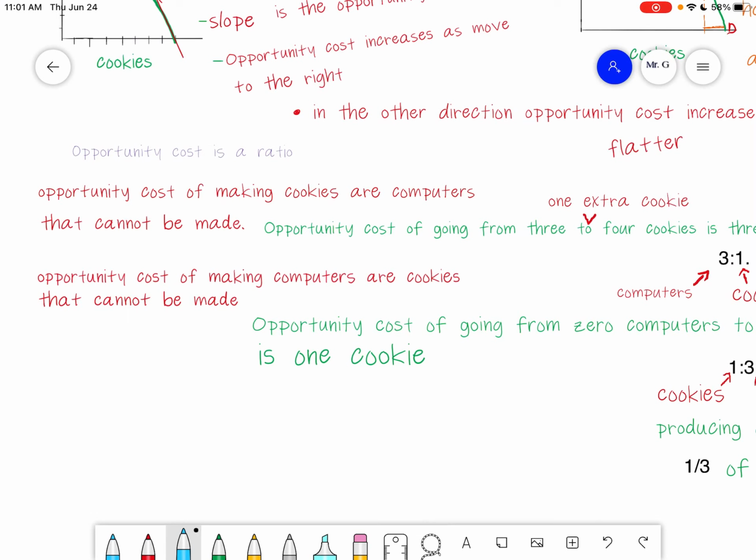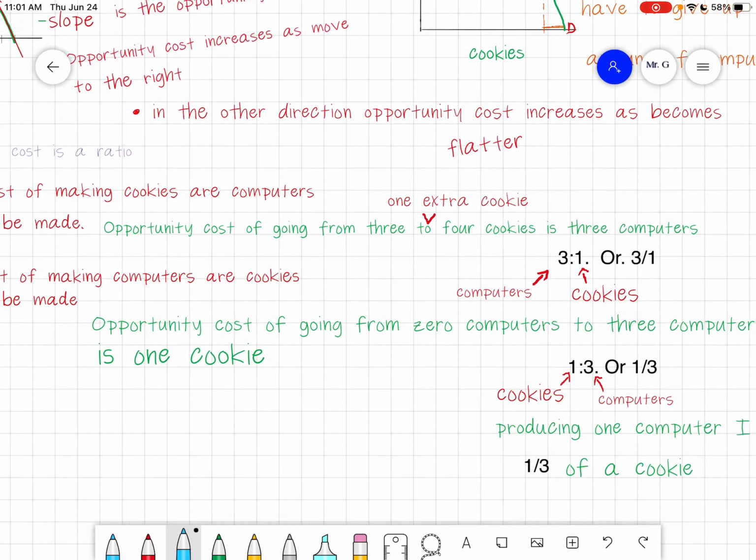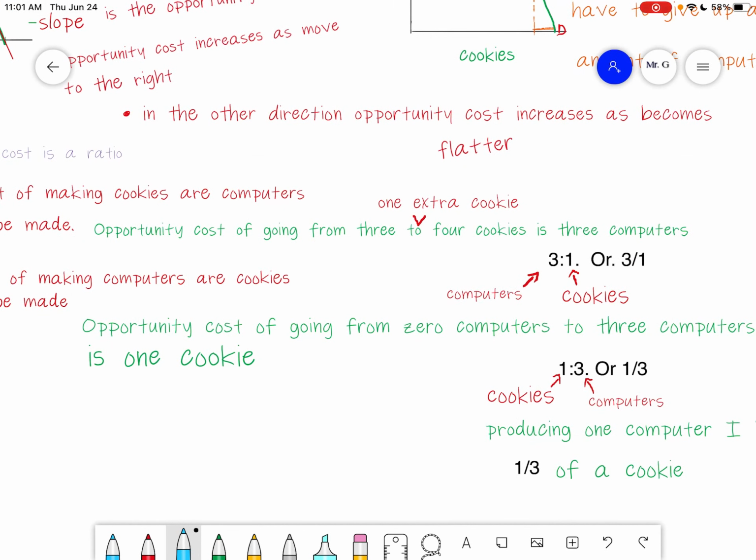Now, there is an opportunity cost of making cookies or computers that cannot be made. So the opportunity cost, and remember, opportunity cost is what we have to give up. Okay, so going from 3 to 4 cookies, so we're just getting 1 extra cookie, is 3 computers. To go from just 1 extra cookie, we have to give up 3 computers.